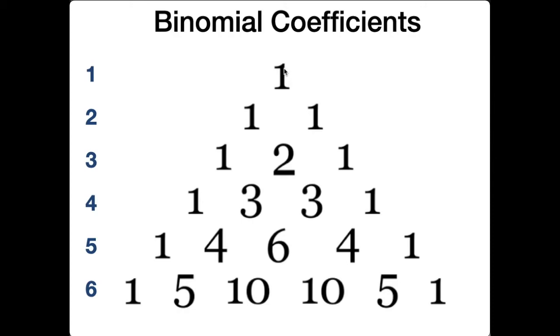So, start with 1. So, this is equivalent actually to the k is equal to 0. This is equivalent to n taken n, which is just 1. And then, you get this number by getting the sum of 1 plus 1. You get this number by taking the sum of 1 plus 2, 2 plus 1. So, this is 1 plus 3. So, you can create a larger Pascal triangle by doing it row by row.